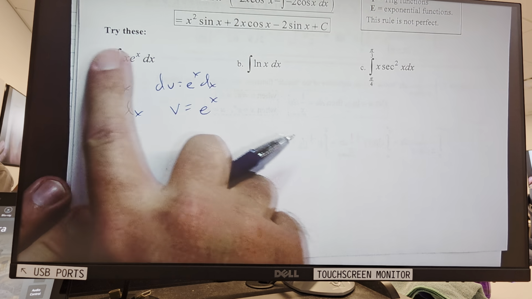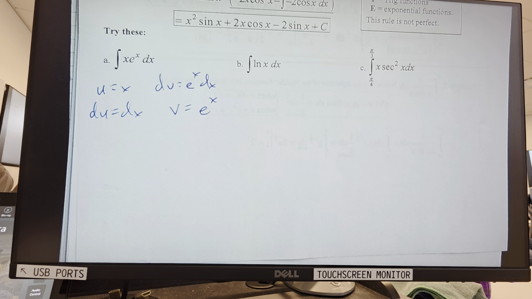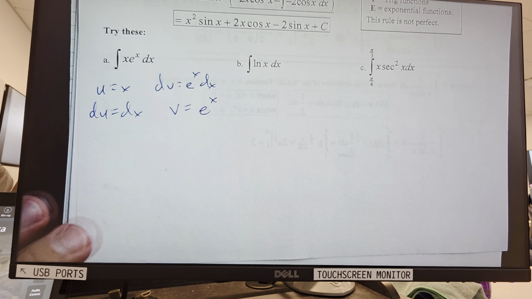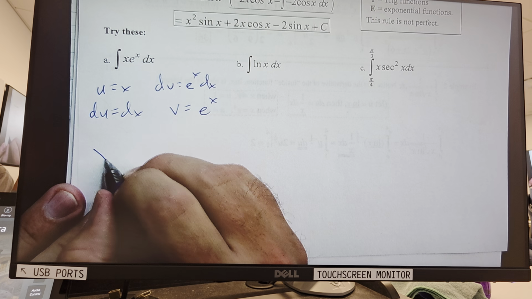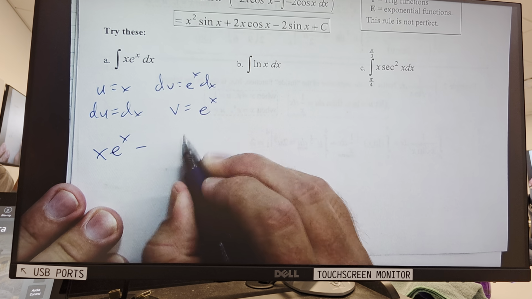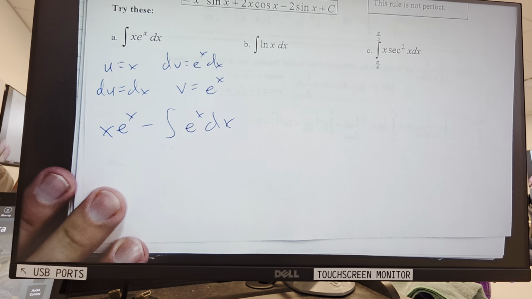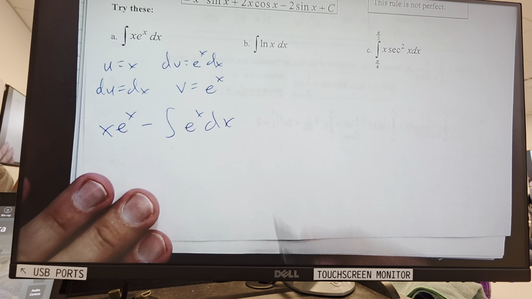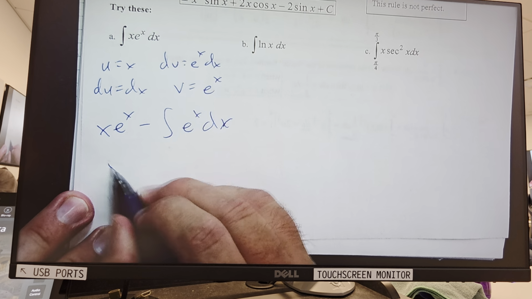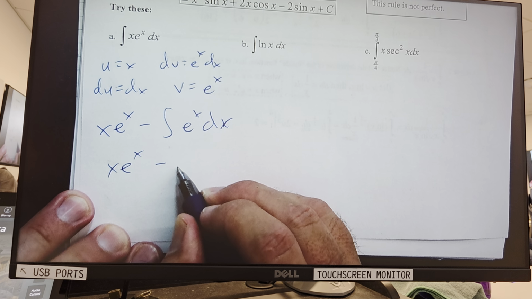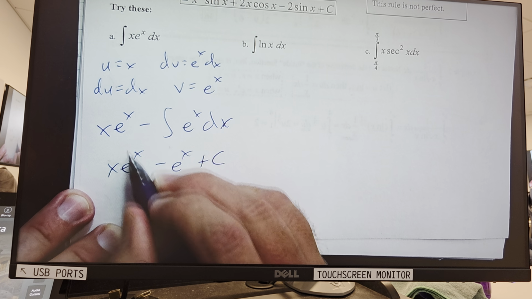So once you've got these, the rest of this is just recipe, right? So uv minus the integral of v du. And of course, the integral of e to the x is e to the x, plus c.